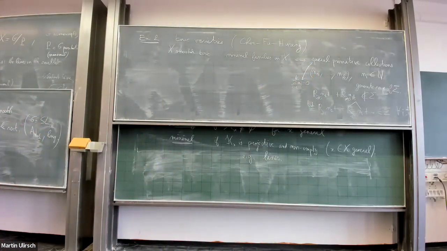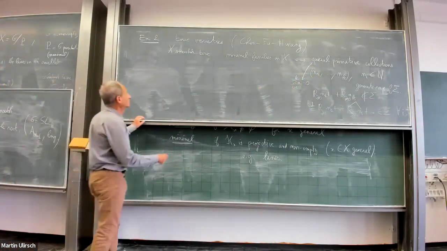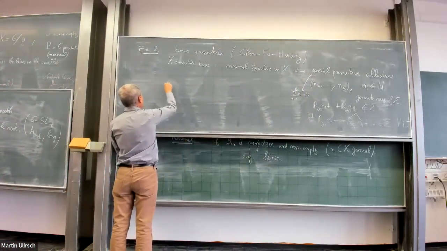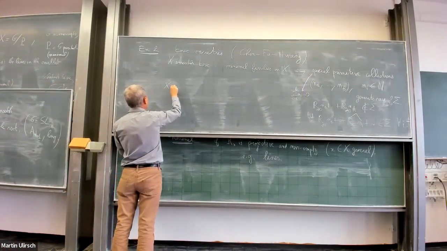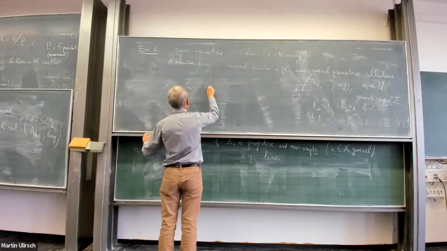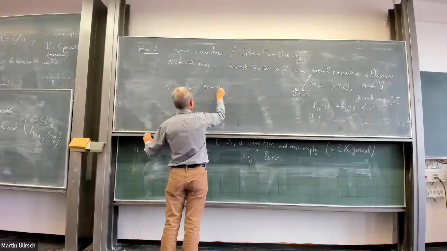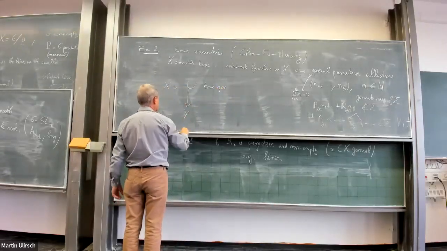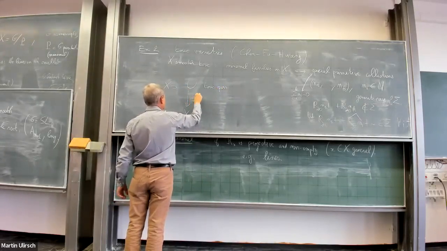Actually, this is a combinatorial version, but there is a very simple geometric version, which can be explained as follows. In this situation, you can find in X a toric open subset, which is a projective bundle over another toric variety.